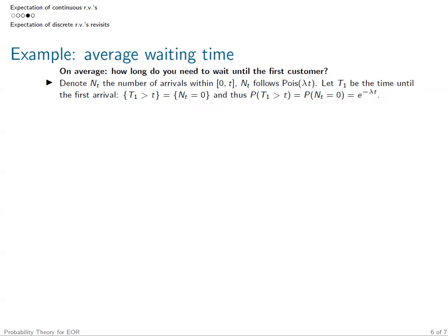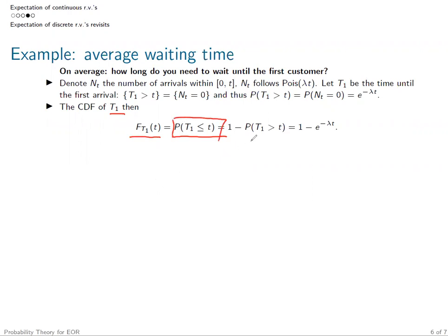The next question is, what is the CDF? To specify the distribution, we always look at the CDF. The CDF of T1, F_{T1}(t), is the probability of T1 smaller than or equal to t. We have already calculated the probability of its complement event, which is a survival function.